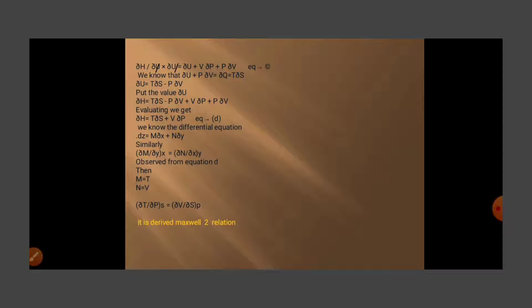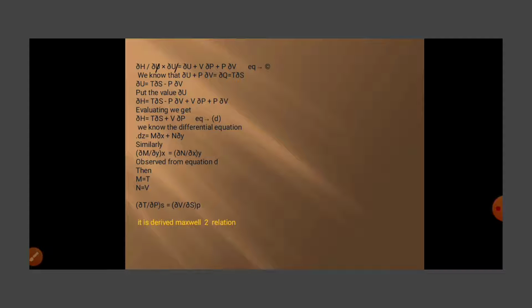We know that ∂U plus P ∂V equals ∂Q equals T ∂S, from the first law of thermodynamics and from the first Maxwell relation. So we can write ∂U in the form of T ∂S minus P ∂V, because P ∂V is positive on one side, so after moving it, its sign will be negative.